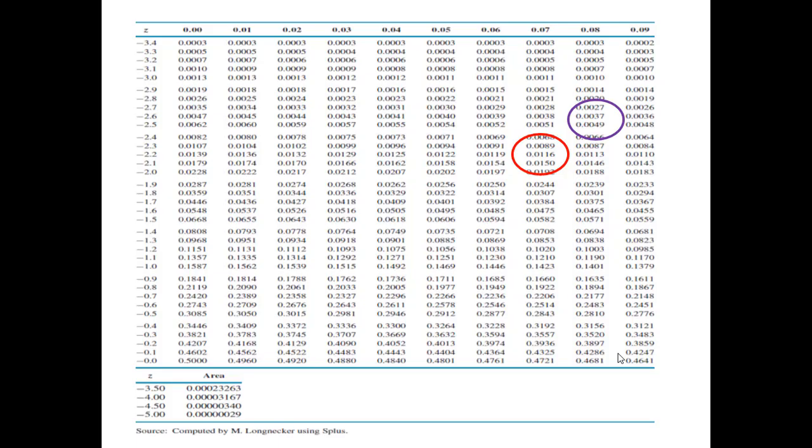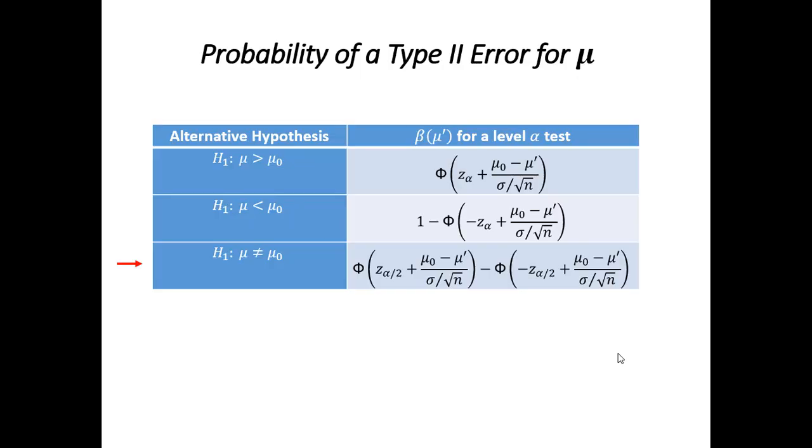Okay, so next I'd like to just mention a couple of formulas that sometimes come up in problems in Chapter 8. The first group is where you're asked to find the probability of a type 2 error for mu.